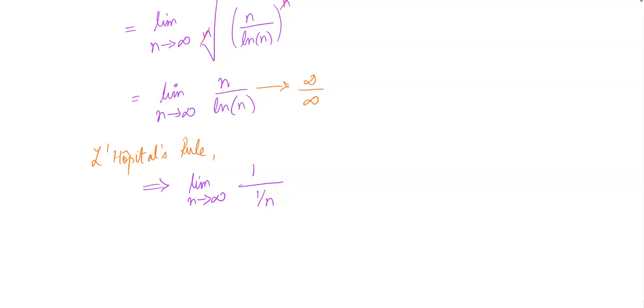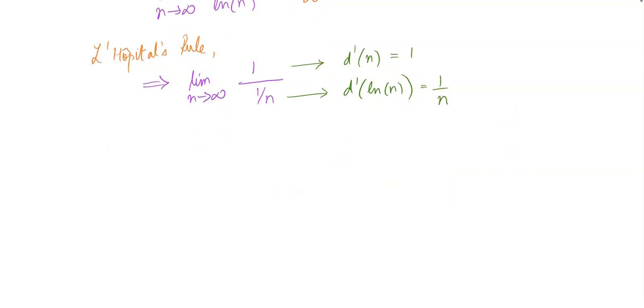I just want to quickly say this is coming from the derivative of n, and this is coming from the derivative of ln n. Now we are ready to apply, but basically you can simplify this, because if you applied n approaching infinity here, you'll get a 1 over 0 condition.